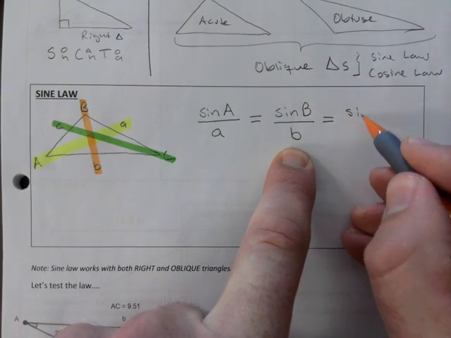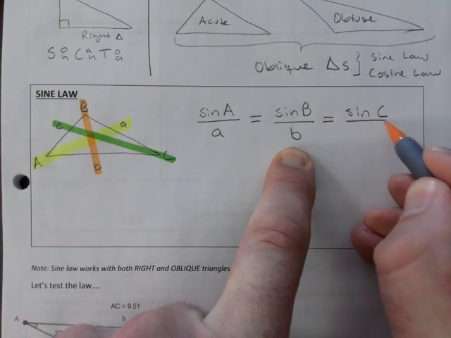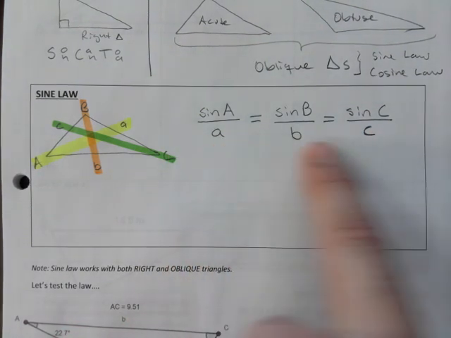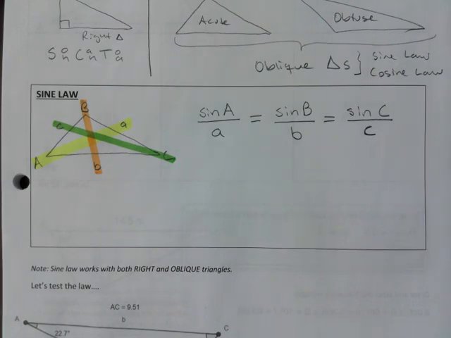And you guessed it, you take that third angle remaining and divide it by the side across from it, and you would have exactly the same number appearing over and over. So those ratios are the same.